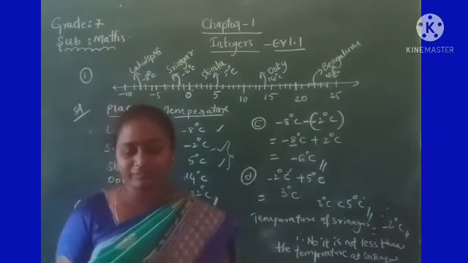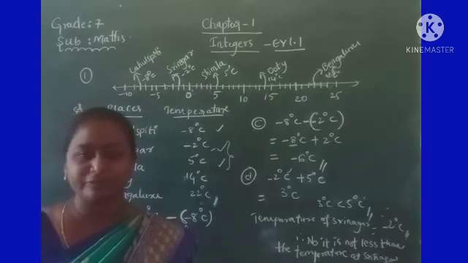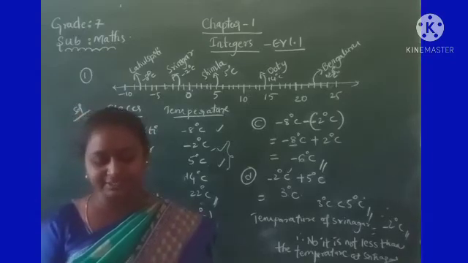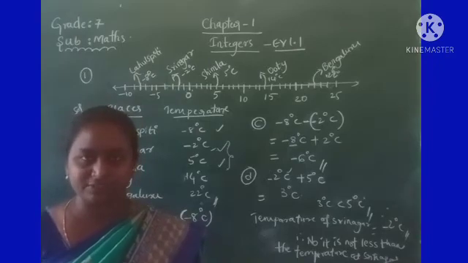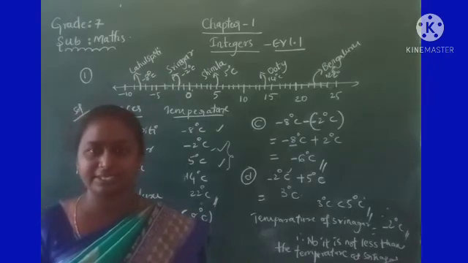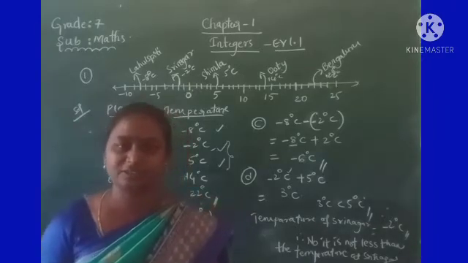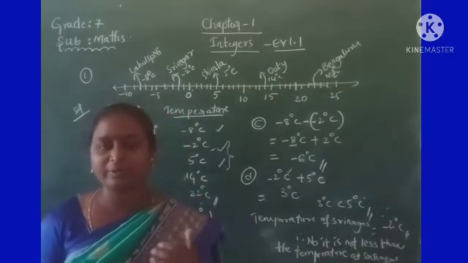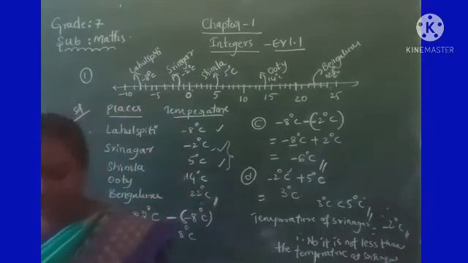So in the 5 rounds he got different marks: 25, minus 5, minus 10, 15 and 10. What was his total at the end? Total at the end means how many marks he got finally.